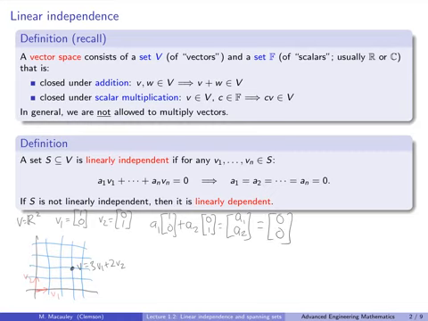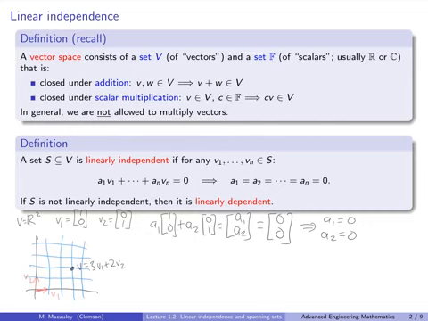Independent means if an arbitrary linear combination of those vectors is equal to 0, then all of the coefficients must be equal to 0. You set that equal to (0, 0), and you get right away that a1 has to be 0 and a2 has to be 0.